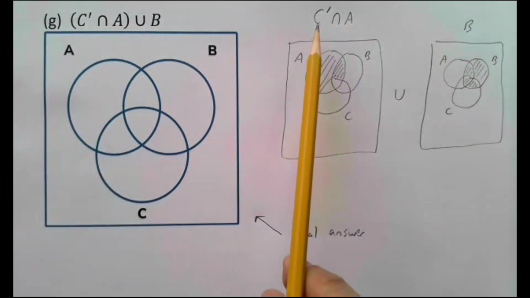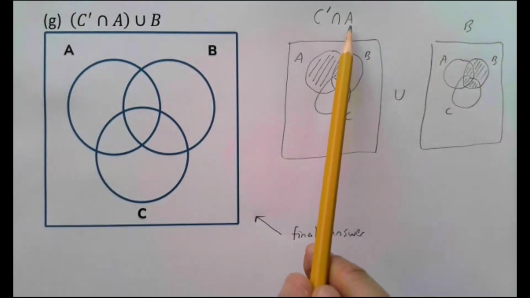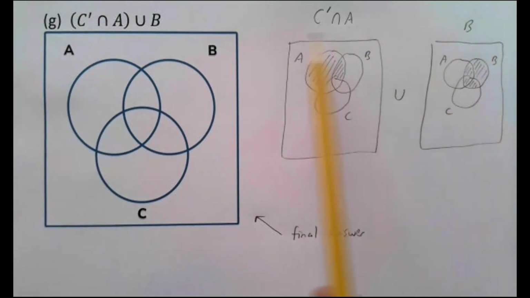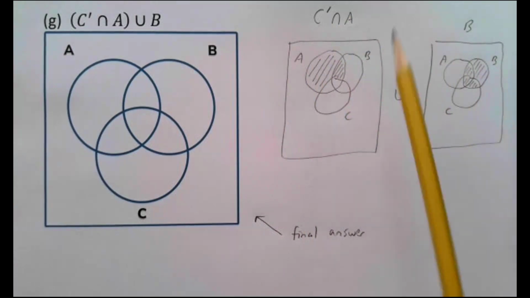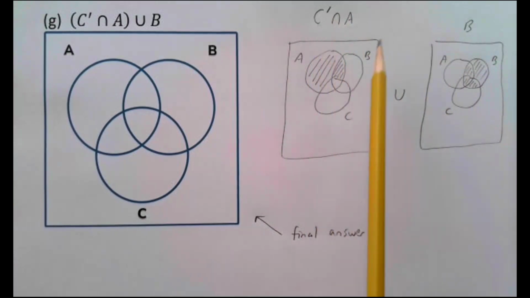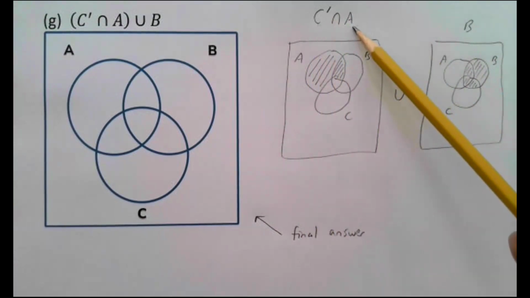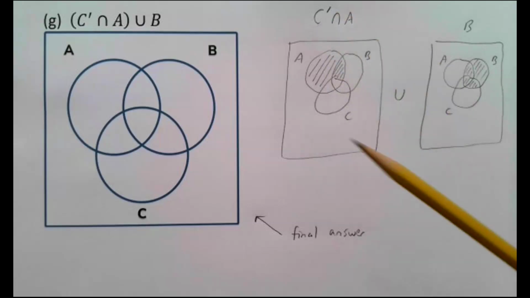It's everything that is at the same time not in the C circle, but it is in the A circle. So I didn't do the whole entire A circle because I didn't want to do the part that overlapped with C because this says C complement. I needed to do the part that was in the A circle, but not in the C circle. And that's what I drew right there.